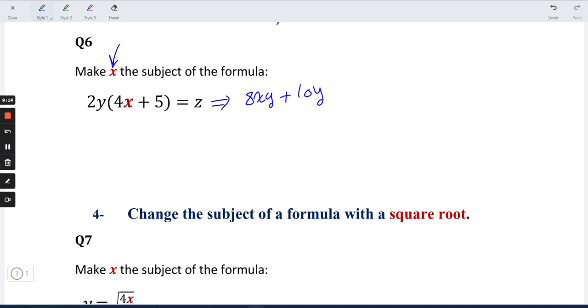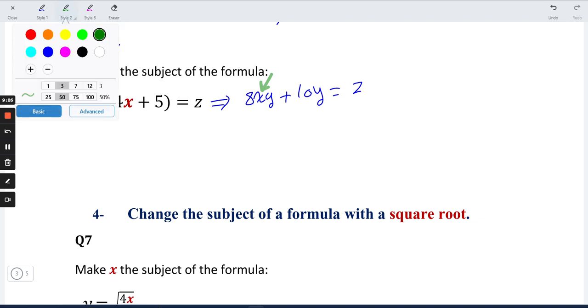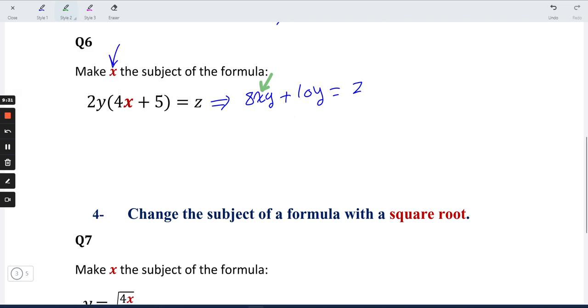10y equal z. Now still we need x isolated, so we will cancel out 10y. So minus 10y from both sides, we will get here 8xy equal, this will be 0, equal z minus 10y.